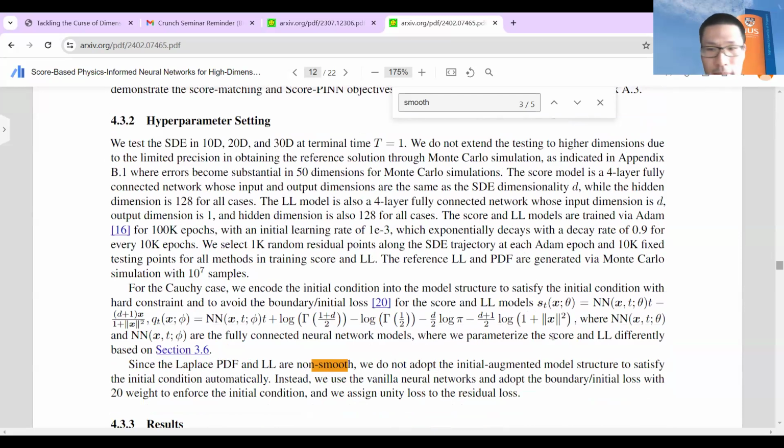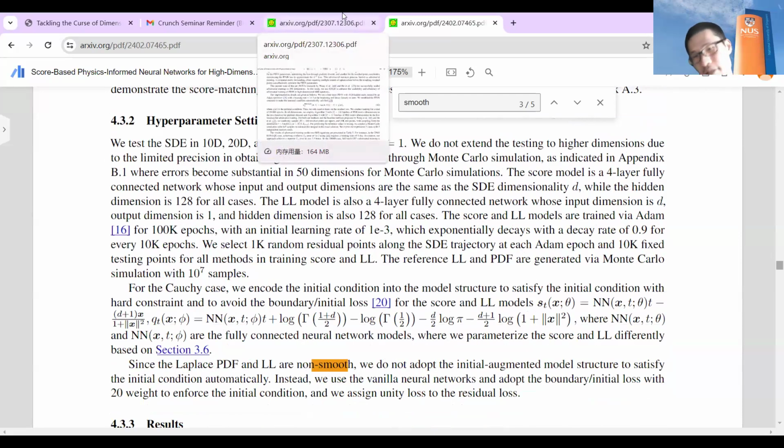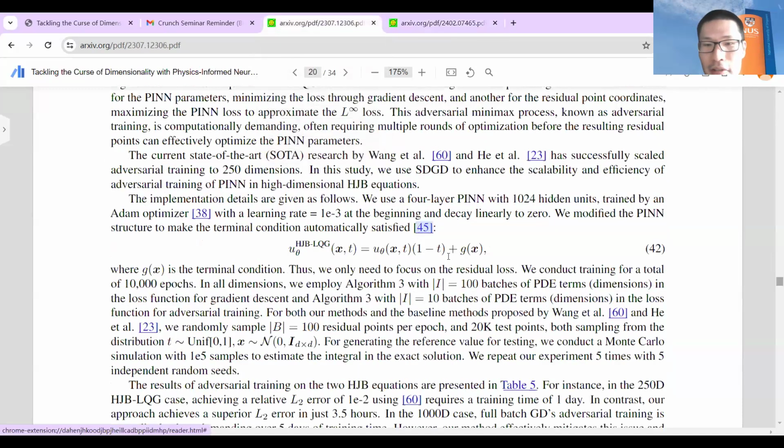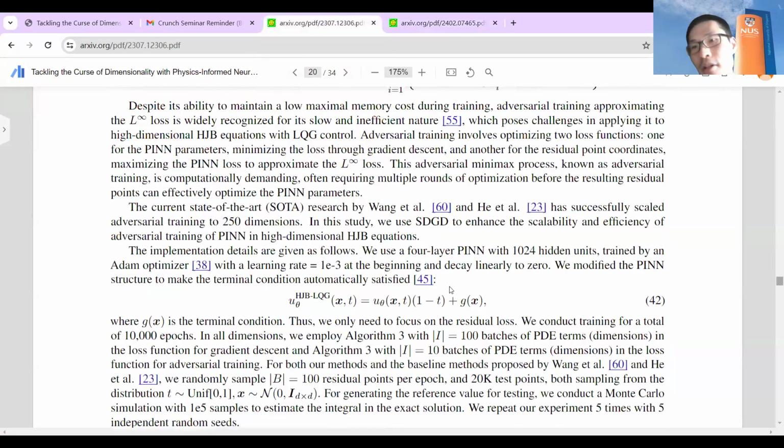But in other cases, we just hard constrain it, because we can know the boundary or initial condition itself and also the information of its derivative, and I think it is very important for high-dimensional PINN. Also, in low-dimensional cases we usually use a soft loss, but in high dimension it is recommended to hard constrain these kinds of boundary or initial conditions. Sure. Yeah, I asked the question because, on a hypersphere, you can always take 1 minus the norm of x squared if the boundary condition is going to be 0 on the boundary, right?